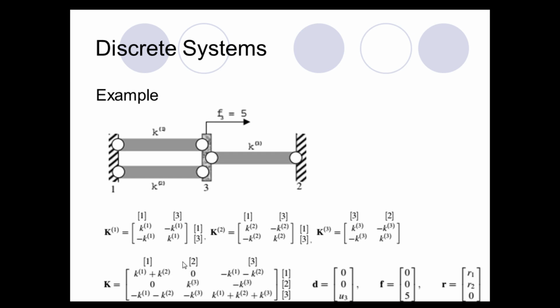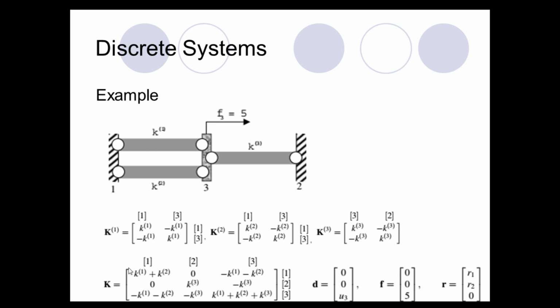Okay, let's continue. Let's look at the 1 2. Do we have any nodes 1 2 in the rows and in the columns? No. So this is 1 1, this is 1 3. Let's look at this stiffness matrix.